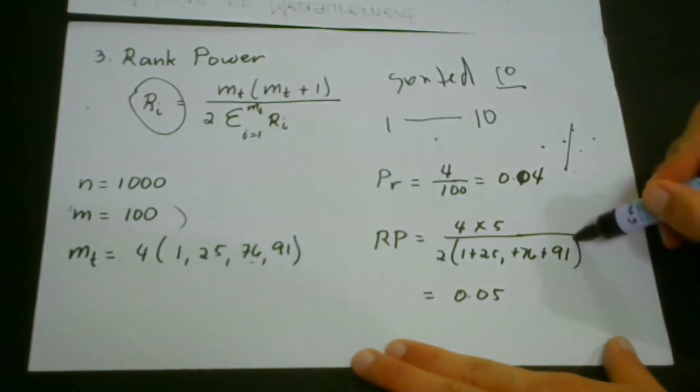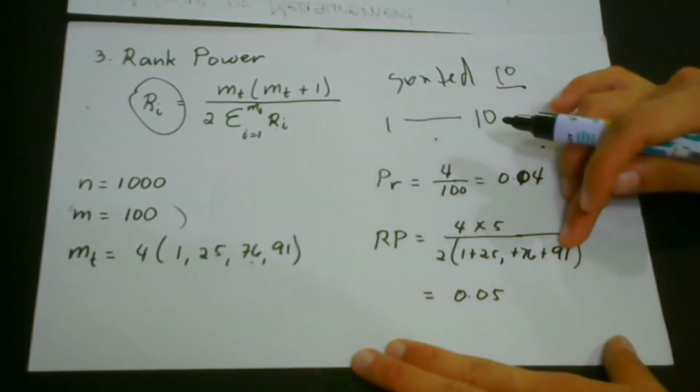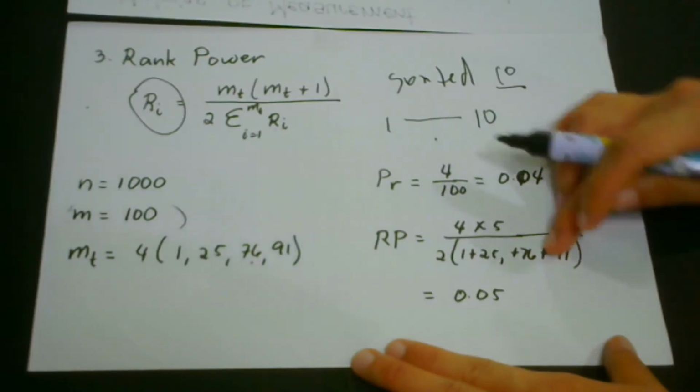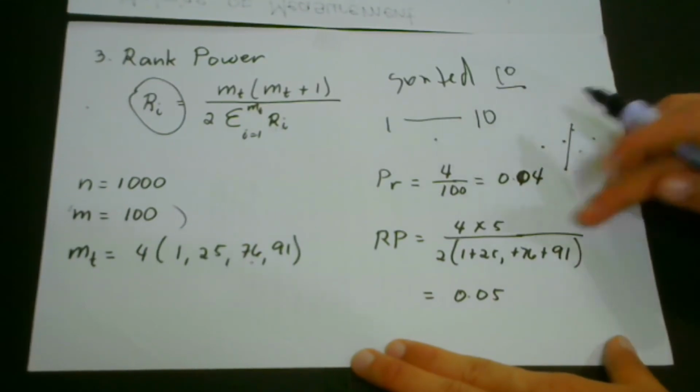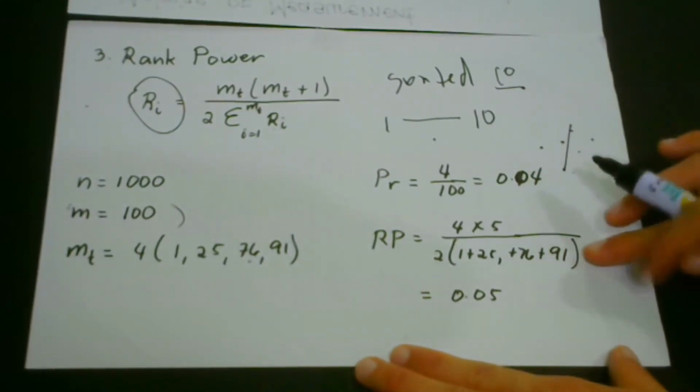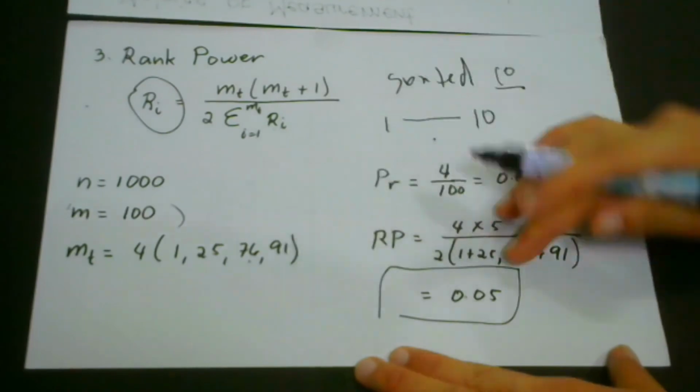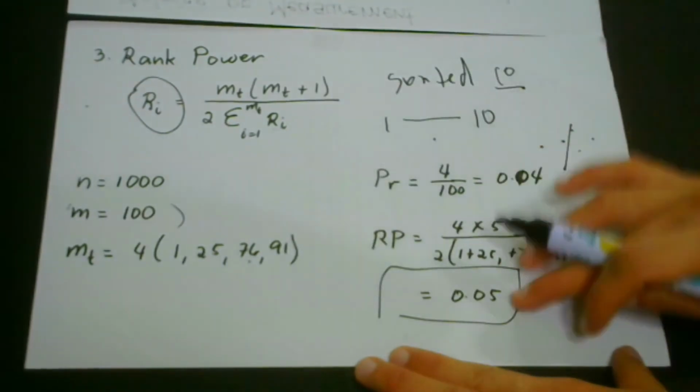So we add them and multiply the result by 2. Then we have 20 divided by the result of this, and we get 0.05.